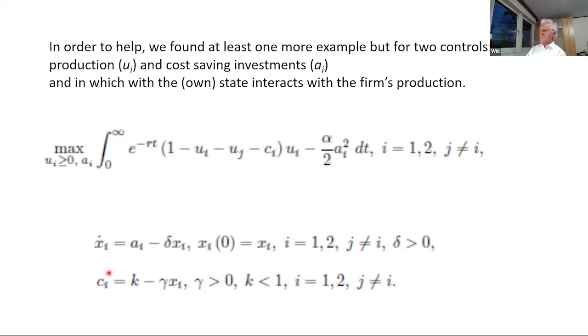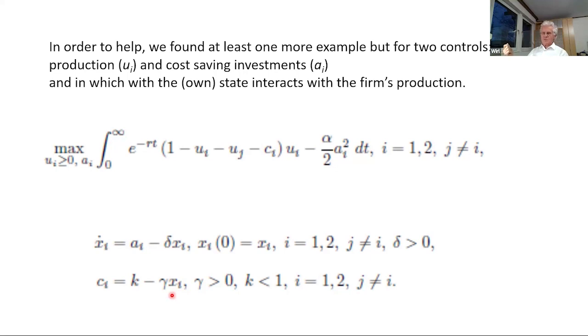And in this case, we can reduce the costs as we expand our stock of knowledge. We can reduce the cost from K by the parameter gamma times x_i. So in this case, the firms have two controls.